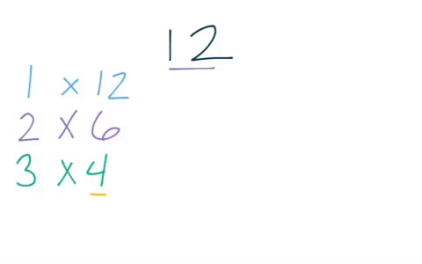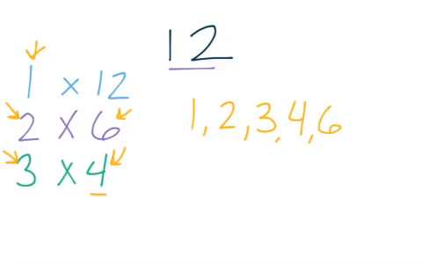So when I write my factors, lots of times they're going to want us to write them in order from least to greatest. So I have 1, that's my first factor, then 2, 3, 4, 6, and 12.